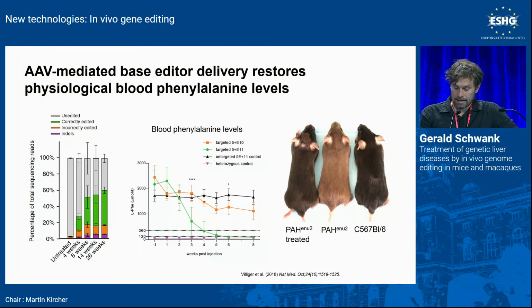So that was very exciting for us, but it was basically a proof of concept study, because the issue with using AAV viral vectors is that you continuously express the Cas9 base editor, because it's not a transient system, it's a permanent expression. And of course, that's not really desired, to continue expressing a genome editor after the correction is actually done, because that could lead to an accumulation of off-target effects.